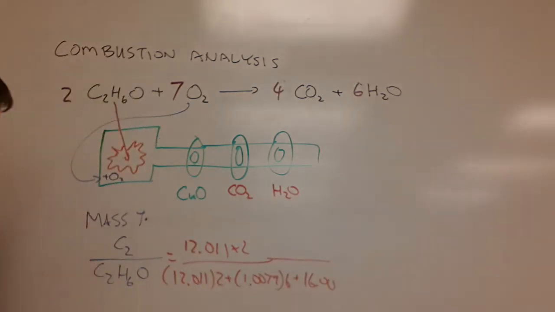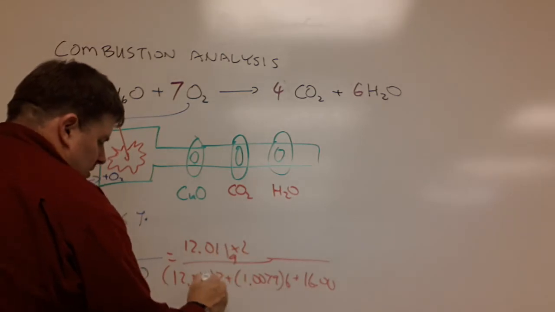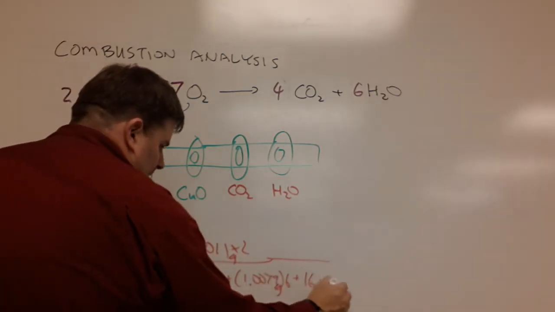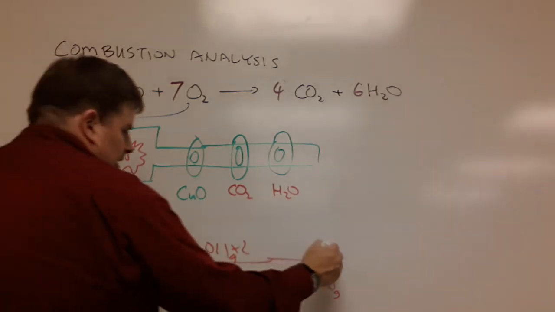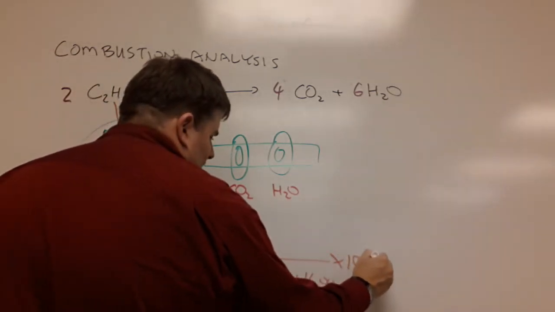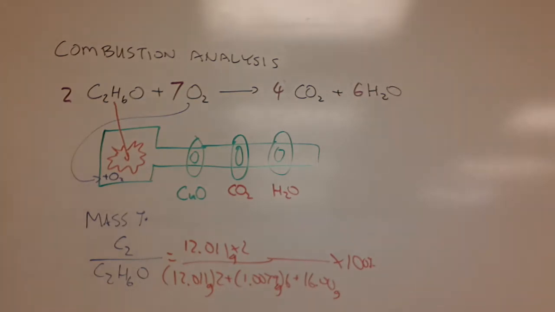That's the mass of this thing. All of these things are in grams, all right? But the grams themselves are going to cancel out. So what this is going to give us is a certain percent of the mass that is going to be carbon, all right? So my mass percent, when I weigh this thing out, is going to give me the percentage of carbon that I have in the sample.